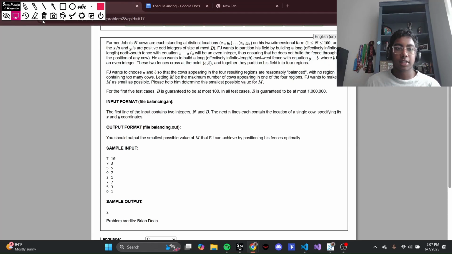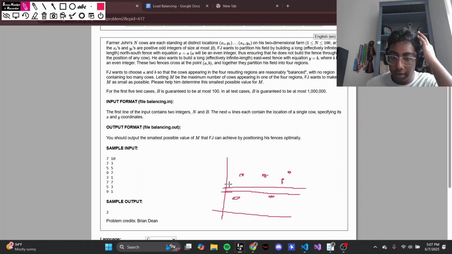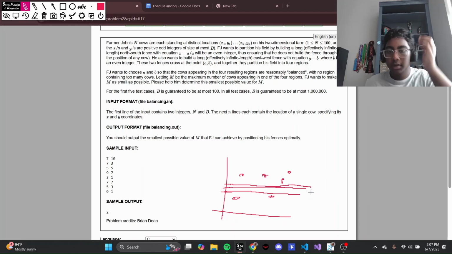Okay, so I'll explain how this works. Let's say you just have some points lying around, like 3 coordinates over here, right? If you place a horizontal fence over here, over here, or over here, that wouldn't change anything.